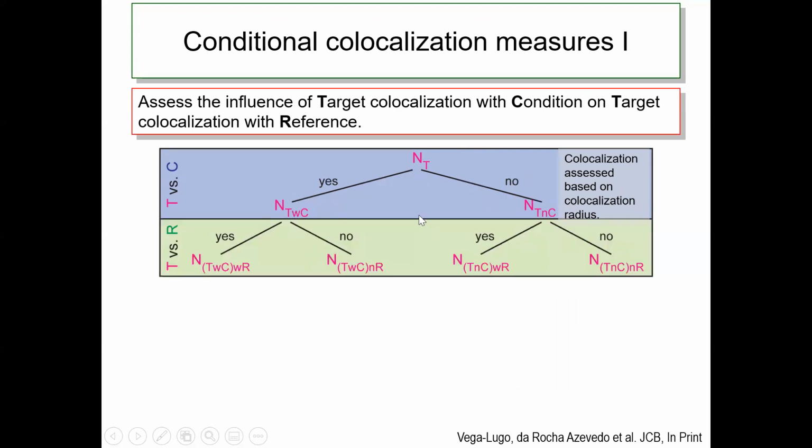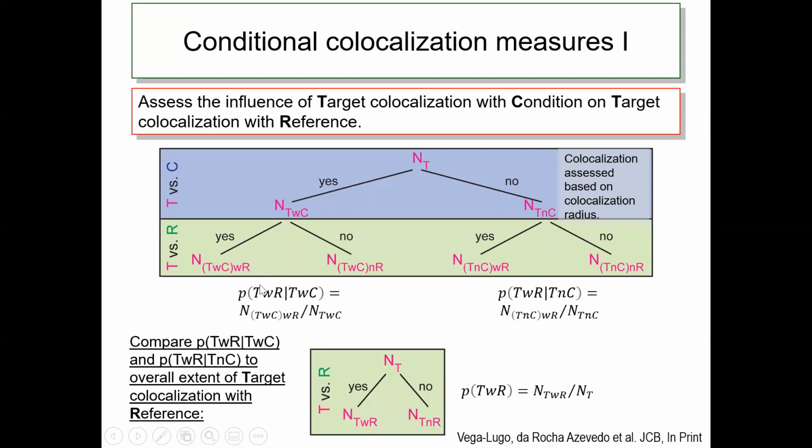And then we take these two subsets of target and we ask what fraction of them is colocalized also with reference. As you can see here, this is the subset of target that is colocalized with condition and reference. This is the subset that is not colocalized with condition, but is colocalized with reference. And from these analyses, basically, we can calculate these conditional probabilities of target to colocalize with reference, if target is colocalized with condition, or in this case here, if target is not colocalized with condition.